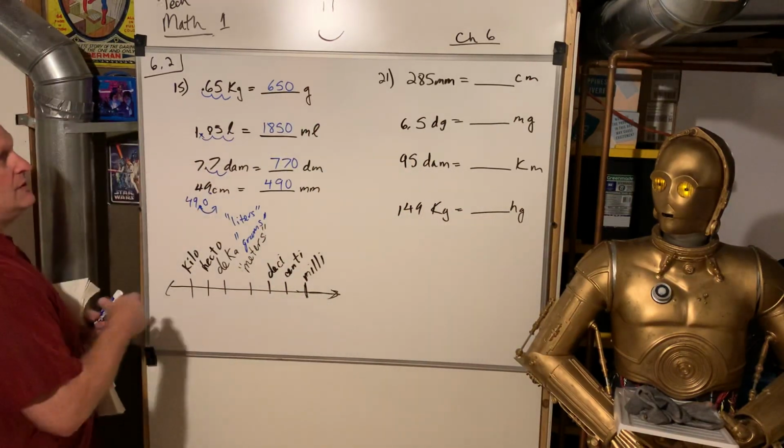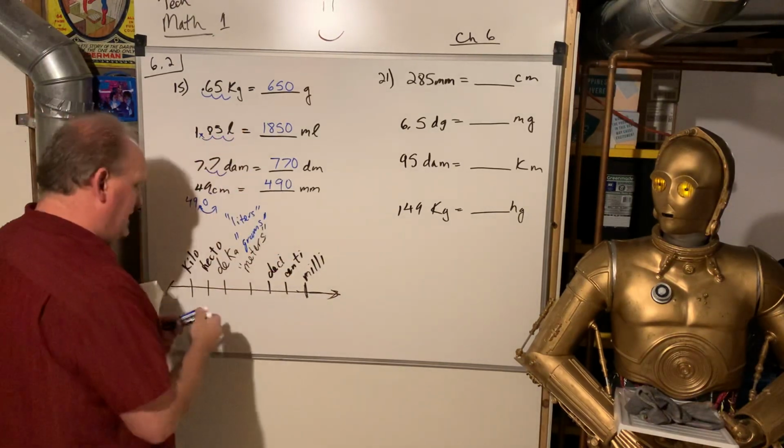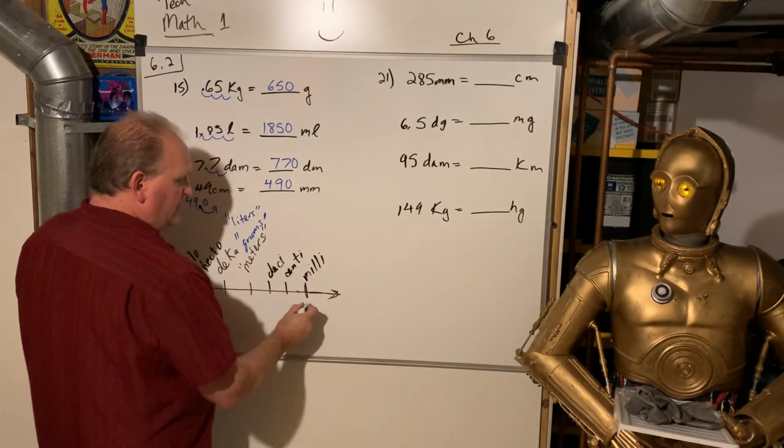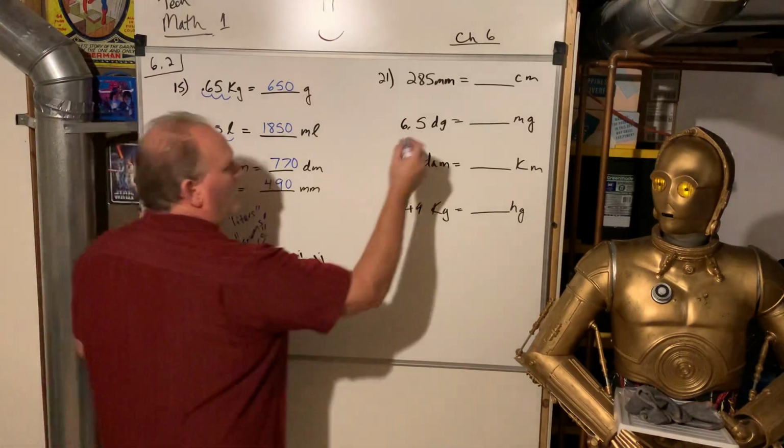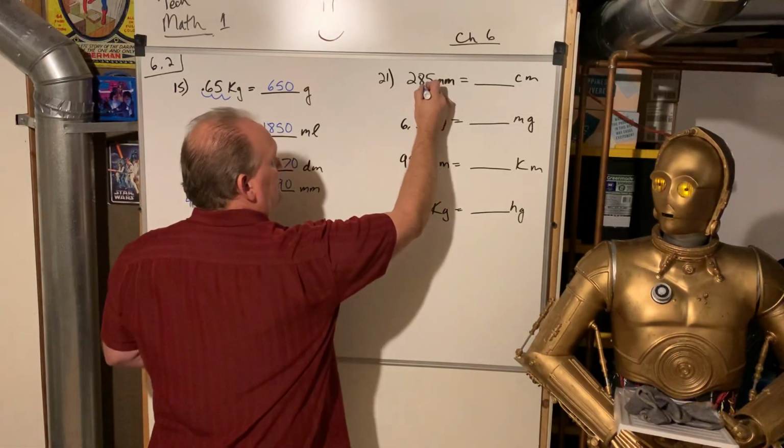All right, so millimeters to centimeters. This time I'm going this way, from milli to centi. That's 1 place to the left.